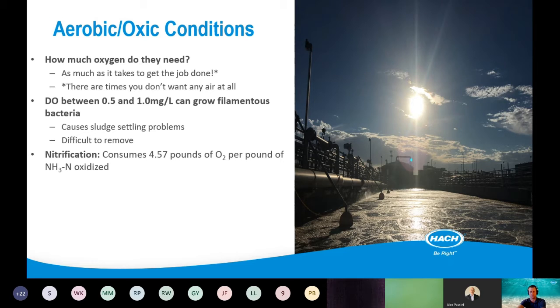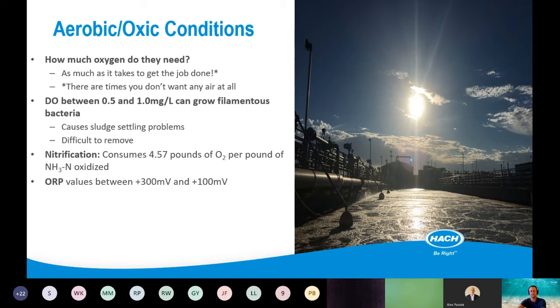There are typical DO, dissolved oxygen values in an aerobic zone. Between 0.5 and 1 milligram per liter is difficult because you might be inhibiting nitrification at low levels, but also can grow certain types of organisms that cause challenging effluent quality as far as turbidity goes or excessive solids because it grows filamentous bacteria.